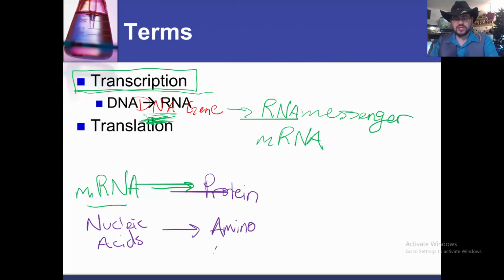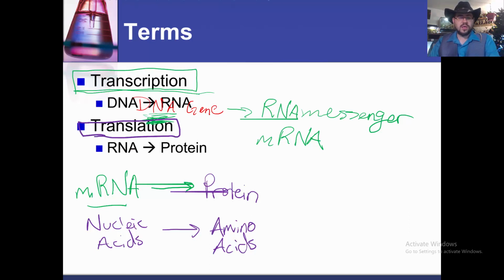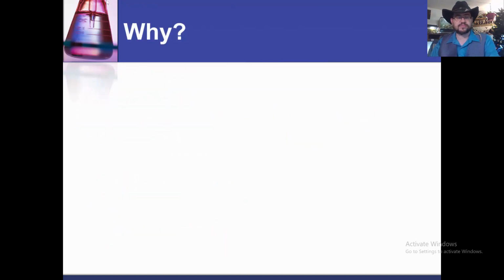We are changing the basic language that we are using. So that is translation. Transcription goes from the DNA gene to an RNA messenger that can leave the nucleus, and translation takes the nucleic acid messenger RNA and translates it to an amino acid protein.